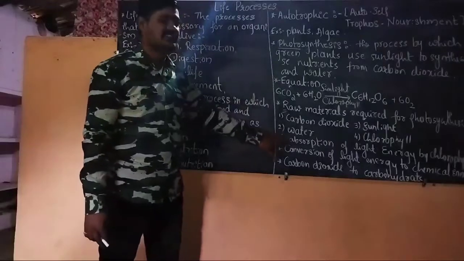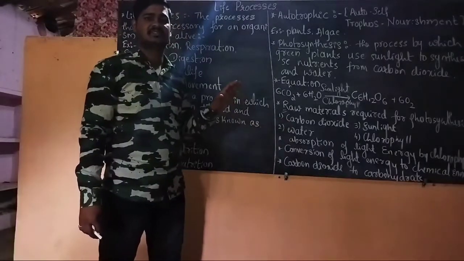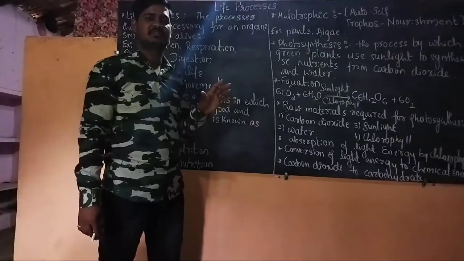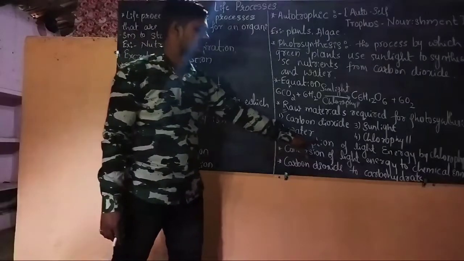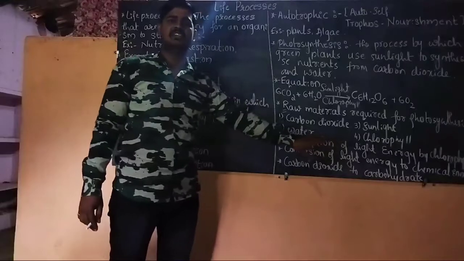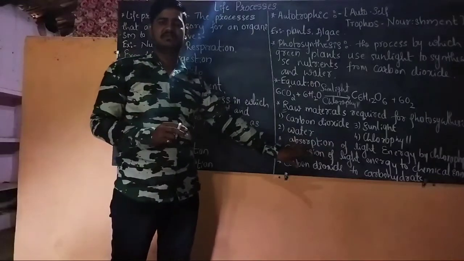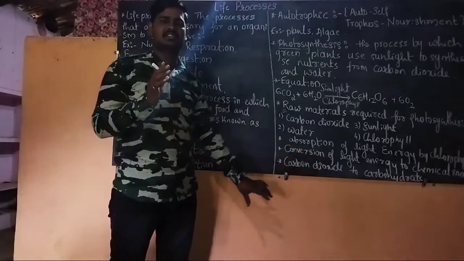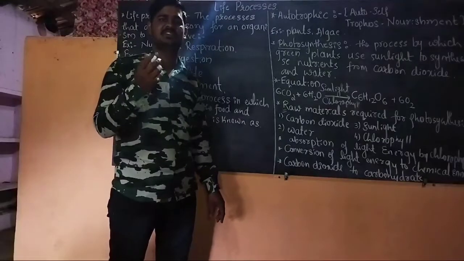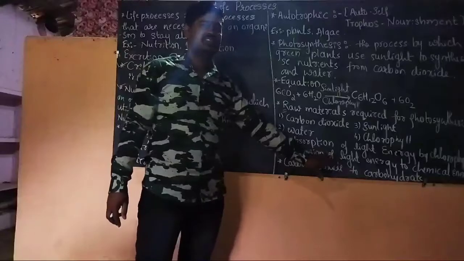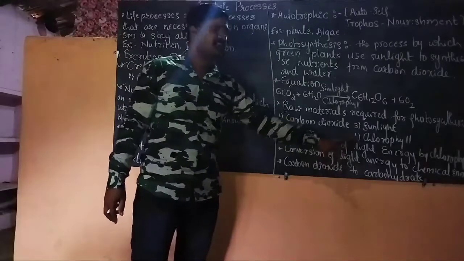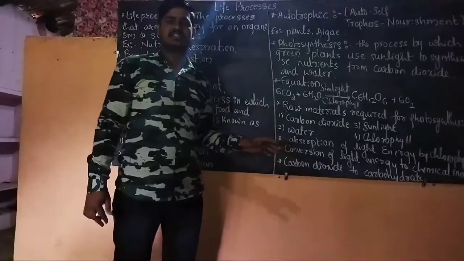And then the steps involved in the process of photosynthesis. The first step is absorption of light energy by chlorophyll. The second step is conversion of light energy into chemical energy.